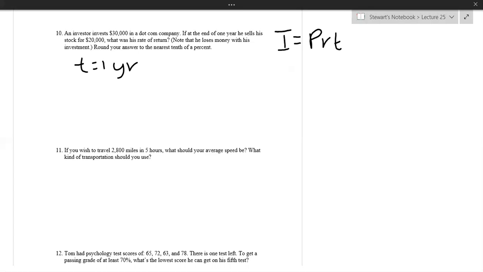We know that he starts off, he invests at the beginning, which is the principal, is $30,000.